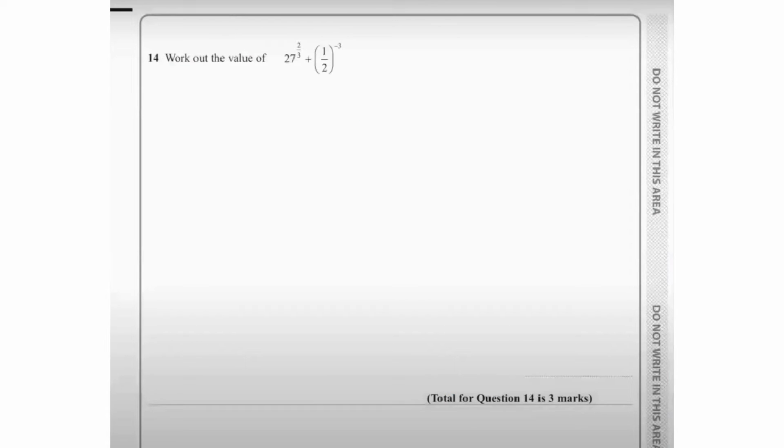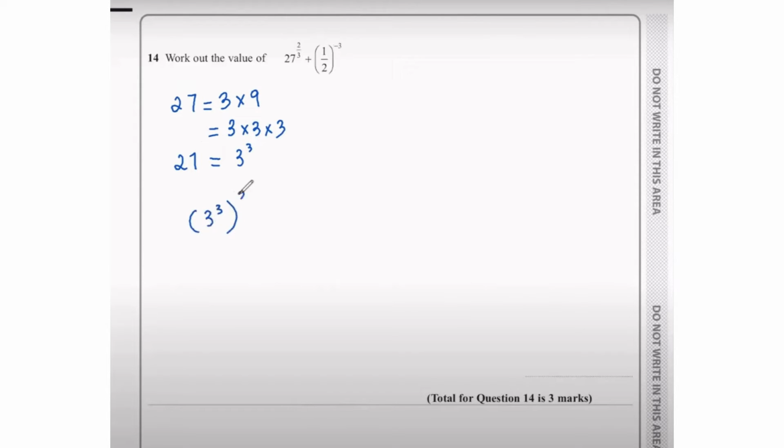Question 14 says work out the value of 27 to the power of 2 over 3 plus 1 over 2 whole power negative 3. So we know 27 is 3 times 9 and 9 is 3 times 3. So that makes it 3 cube. So we can replace 27 with 3 cube.